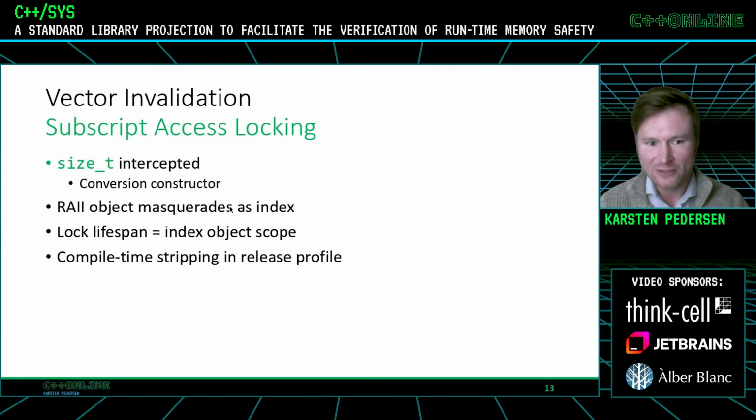But because it's an object, we can tie the lifespan of the data, so effectively the vector backing store, to the lifetime of that object. And then obviously, that has overhead, but we can then strip that out in the release profile, which is important, because otherwise, you'd be running with that permanent cost.